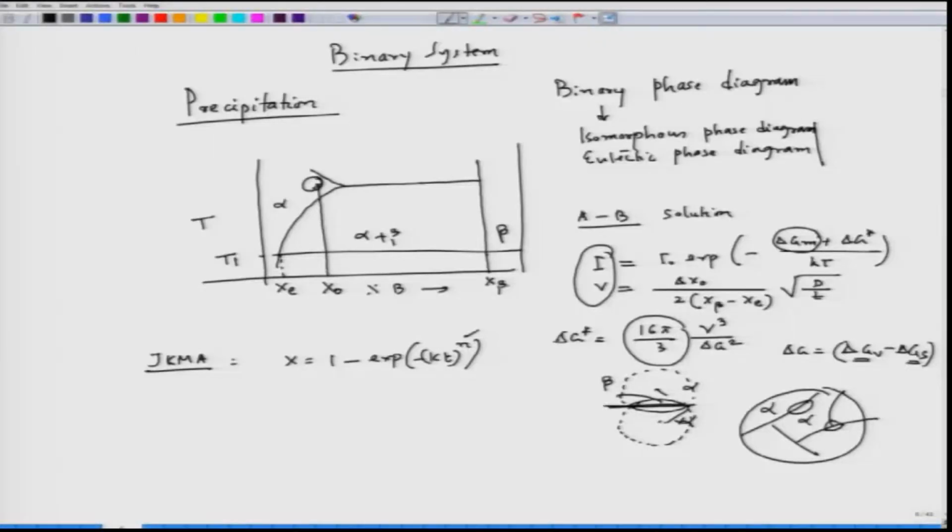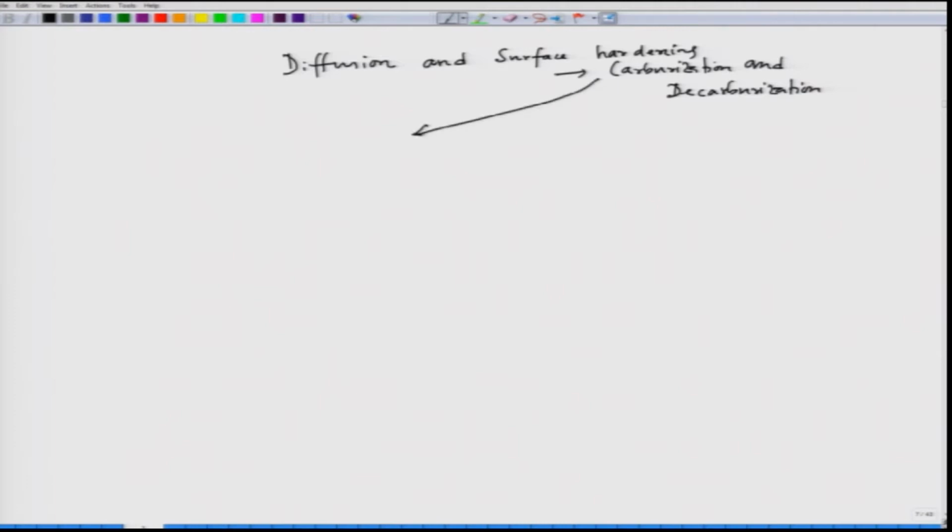Now, this is another treatment we have done, and we have done some calculations also. And finally, we have gotten into diffusion and surface hardening, mainly carburization and decarburization. In case of surface hardening, carburization and decarburization, we actually solved the diffusion equation.